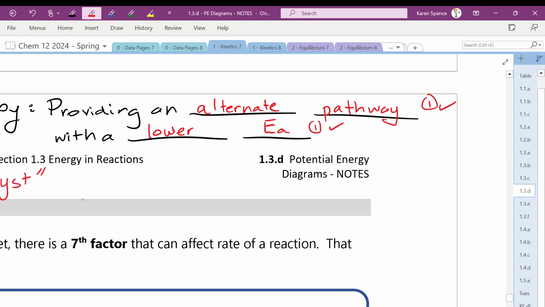Now, what if it were a 3-mark question? What could you add to that in terms of collision theory? Chat with your neighbor about that.